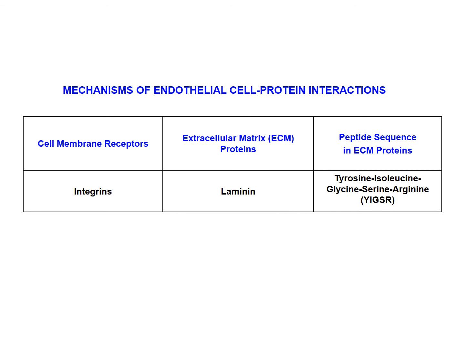The peptide sequence in laminin, which the integrin receptors of endothelial cells recognize, is tyrosine, isoleucine, glycine, serine, arginine. The one-letter abbreviation of this sequence is YIGSR. It is a 5-amino acid peptide.